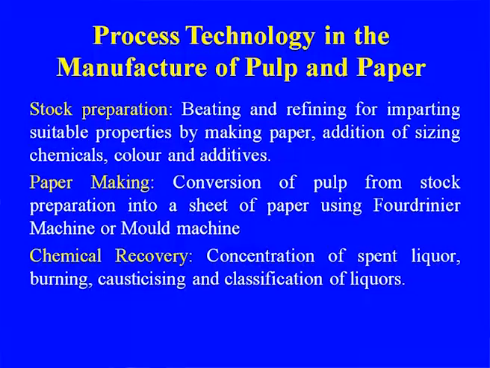So, process technology in the manufacture of pulp and paper. Next step, after pulping, bleaching, washing and all, is stock preparation, where beating and refining impart suitable properties for making the paper. Then comes addition of sizing chemicals, color and additives.